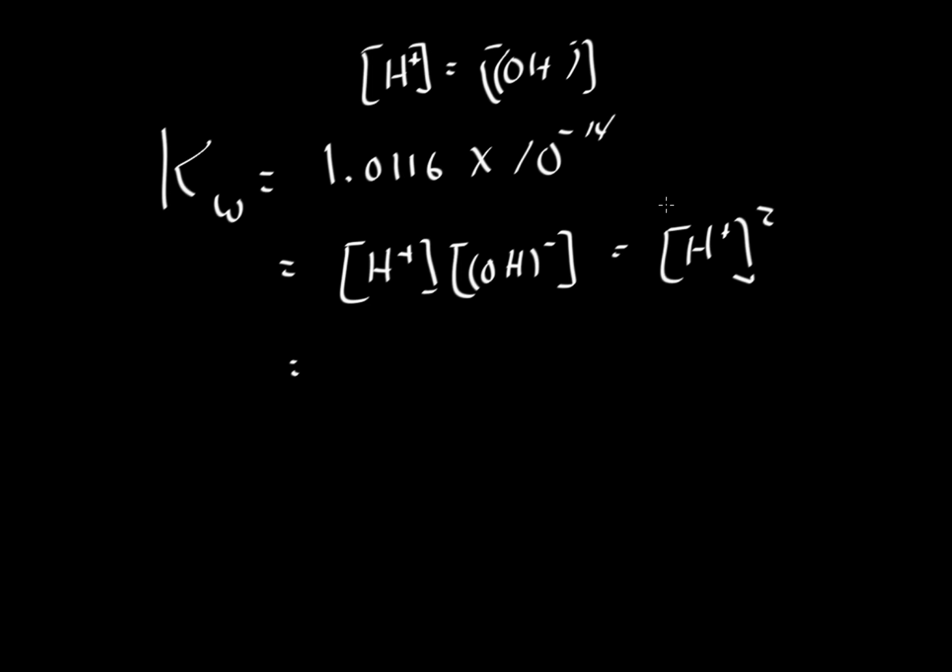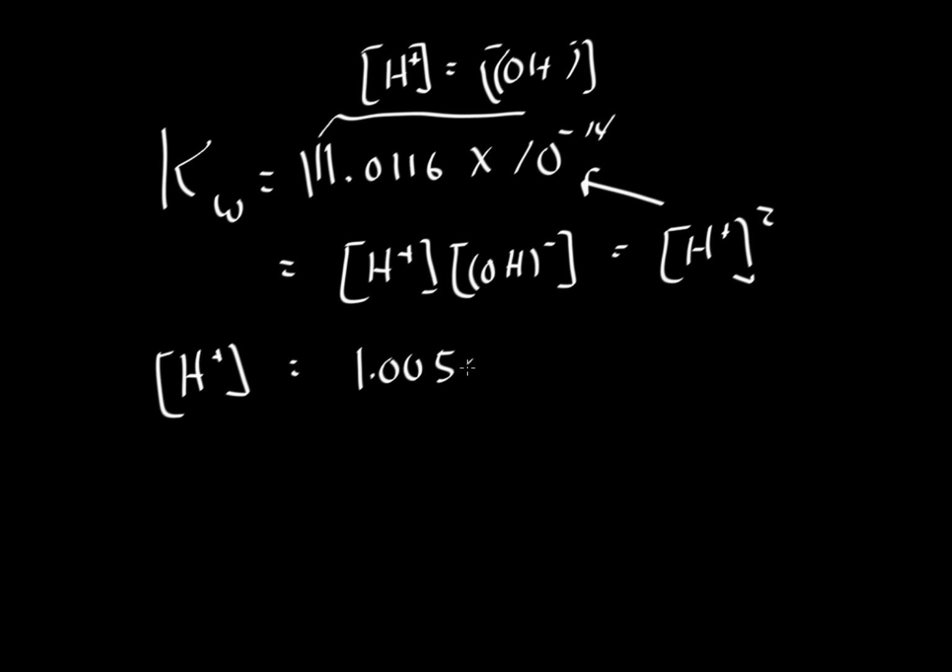And so if this whole thing is equal to that, then the concentration of hydrogen ion itself would simply be the square root of all this here. And so if we take the square root of 1.0116 times 10 to the minus 14, then we would get 1.0058 times 10 to the minus 7.